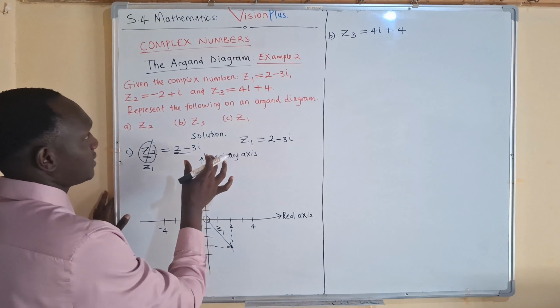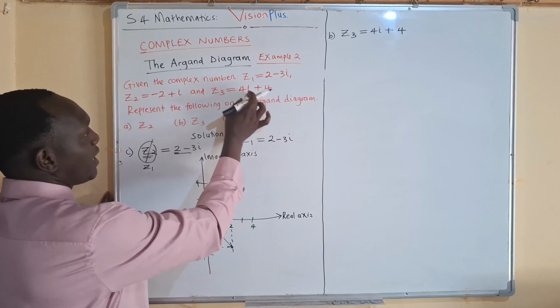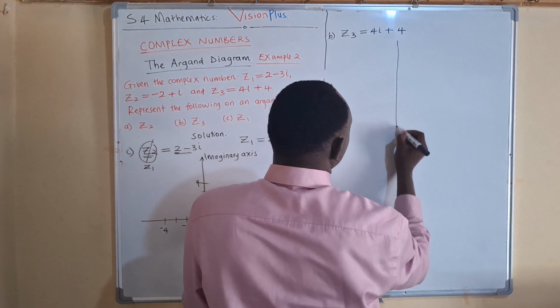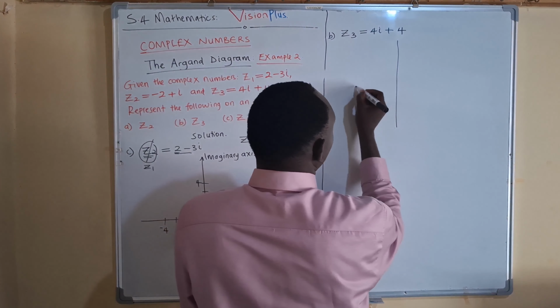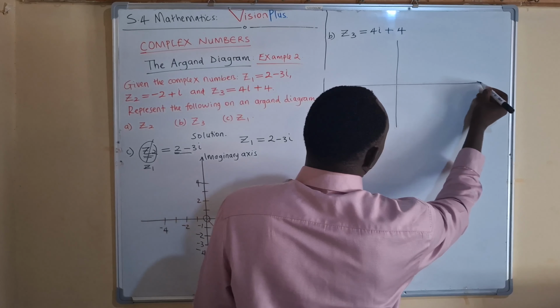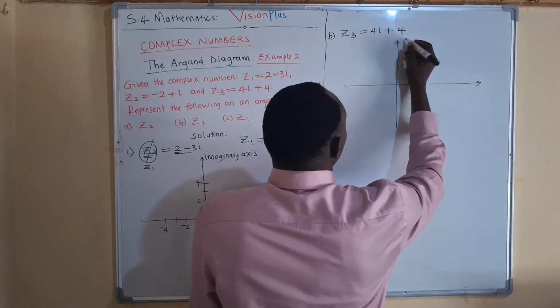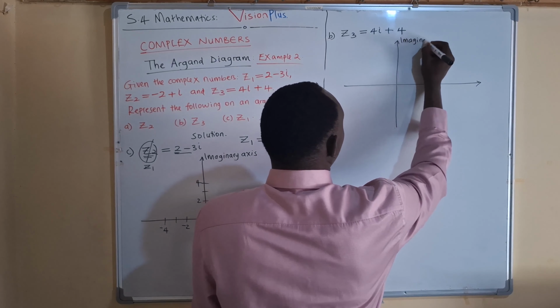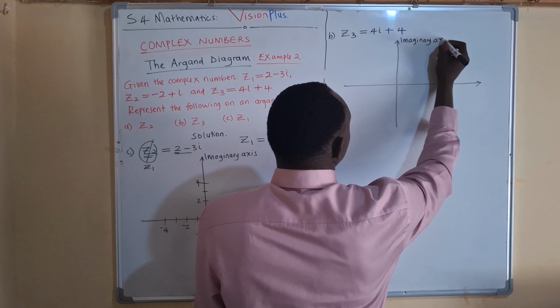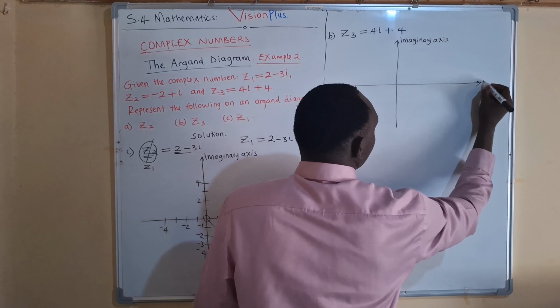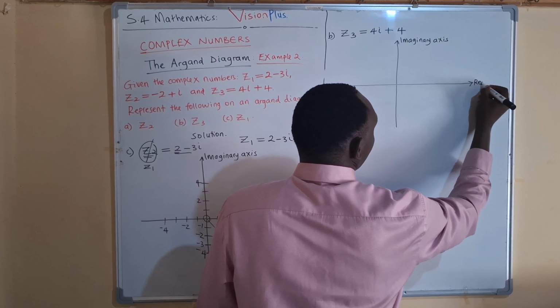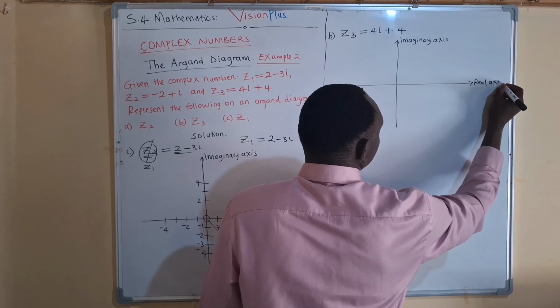Now coming to Z3, which is 4i plus 4, you need to start by drawing your axes, straight lines. This is the imaginary axis, the vertical line, and this is the real axis.